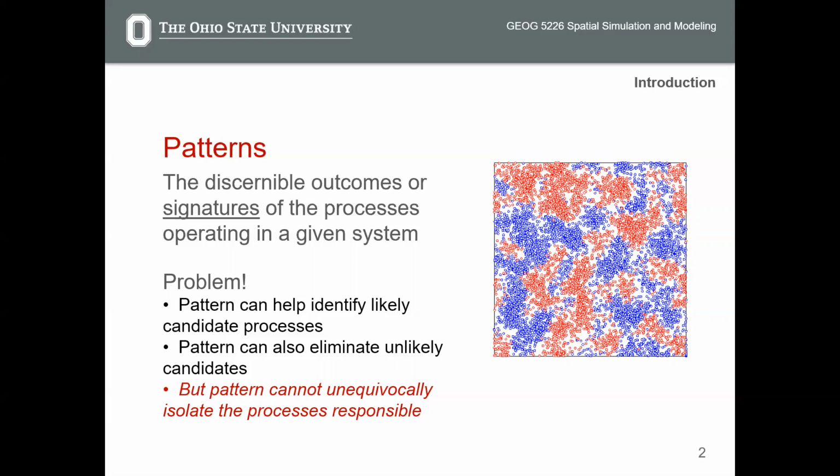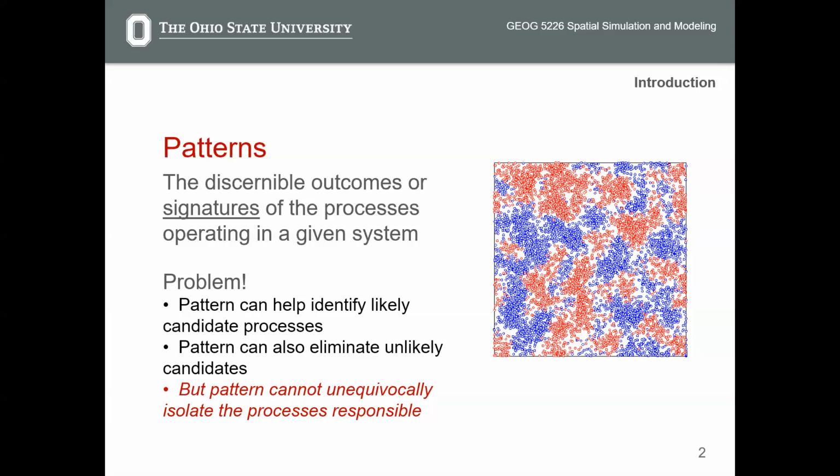It means that, okay, we can only make this list, but it's more difficult, or you need to do more work to find out which processes are actually responsible for this pattern. That list is just a list of candidates, but who among these candidates are responsible for this pattern?